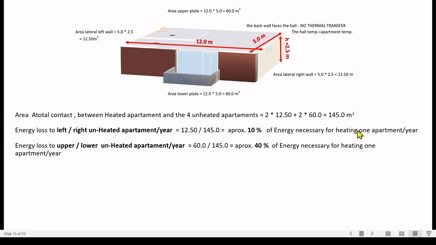Again, for an apartment surrounded by all four heated apartments, also at 20 degrees, the energy lost to the upper or lower unheated apartment in a year is, for each plate, upper or lower, 40% of the energy necessary for heating, again at 20 degrees.